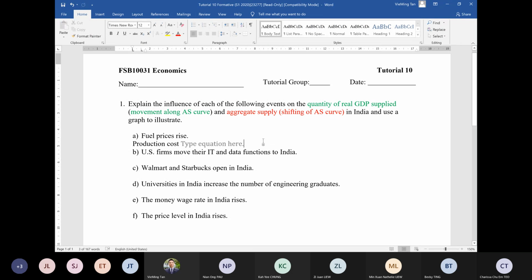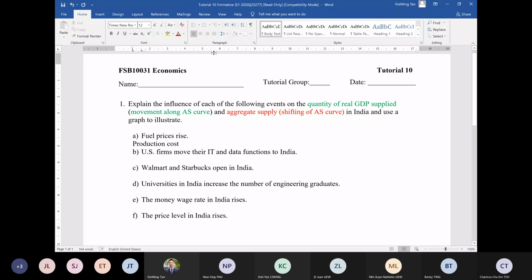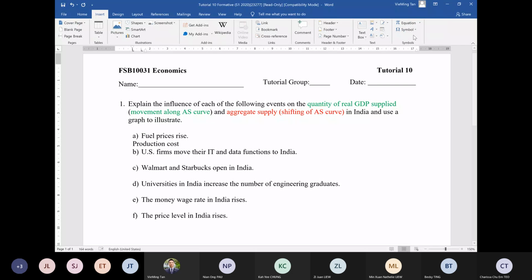This one no need. Just simply use the symbol. Okay, so if production cost is increasing now, what is the impact to the aggregate supply curve? Neon has not answered yet. Maybe you can try. Chrissy, what do you think? If the production cost is increasing, what is the impact to the AS?